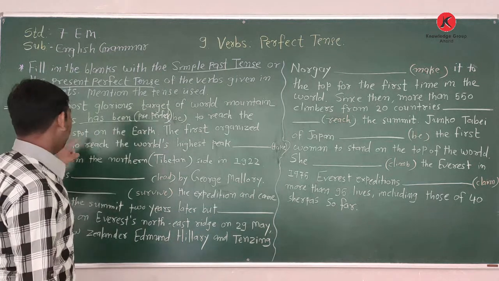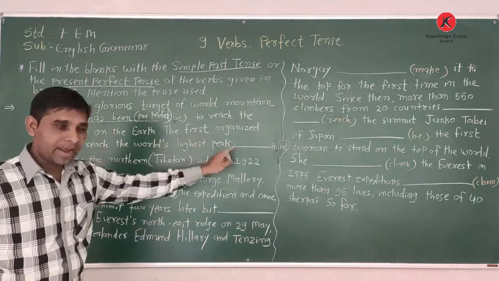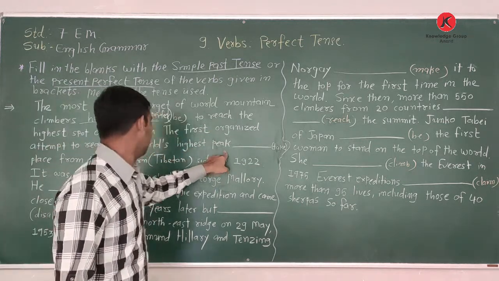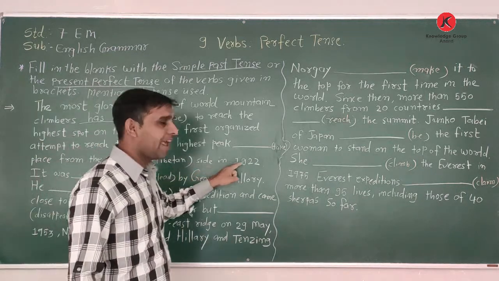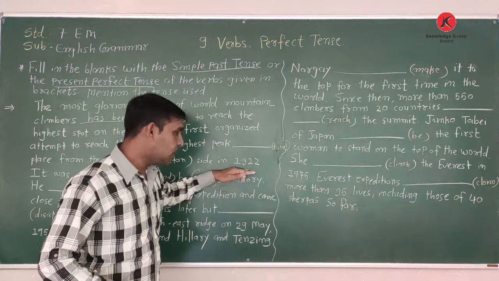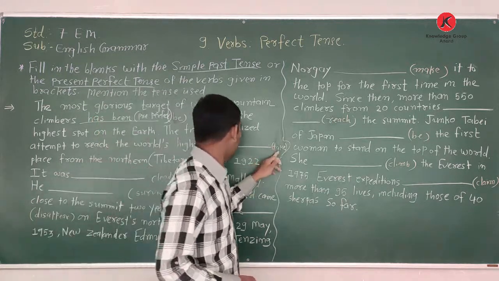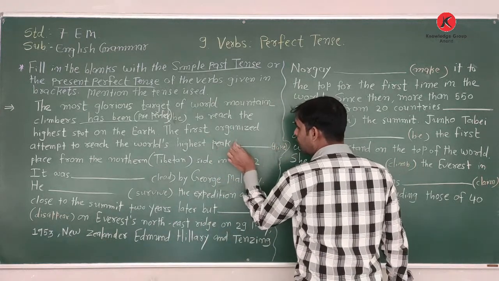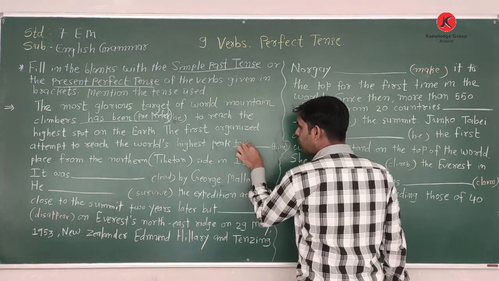Okay, so in the second blank: the first organized attempt to reach the world's highest peak blank place from the northern, here Tibetan, side in 1922. So in 1922 the action was completed. So what do we write? Here the verb is take, so we write the past form of the verb, took.